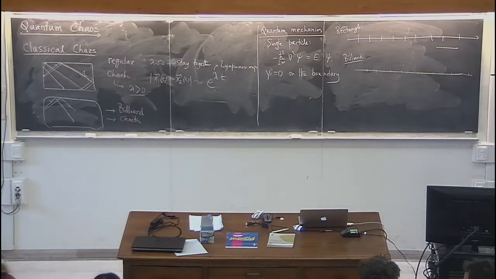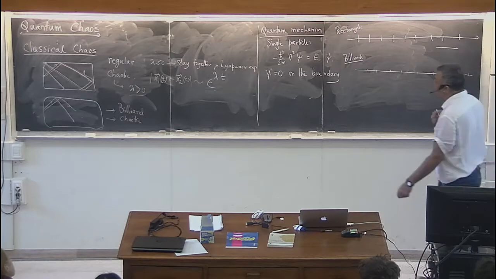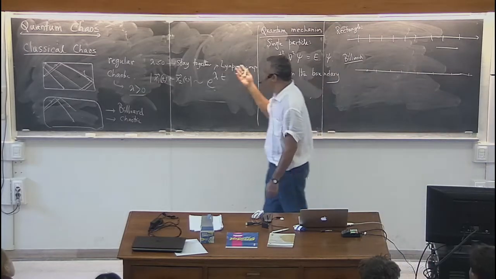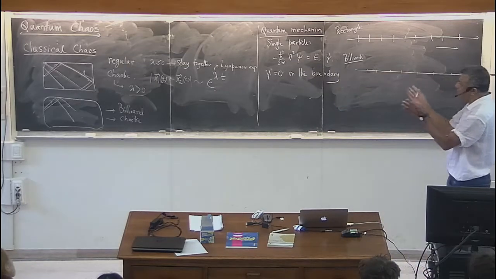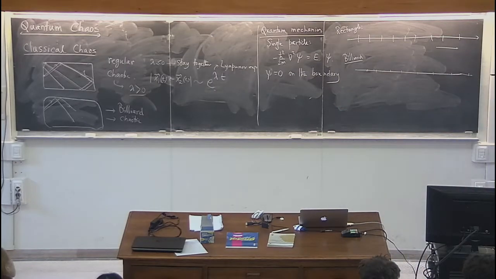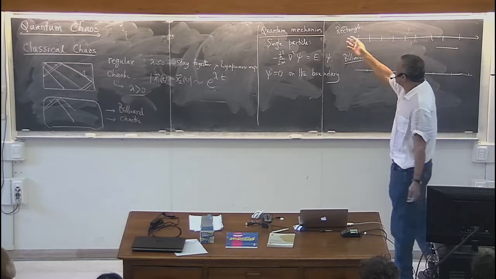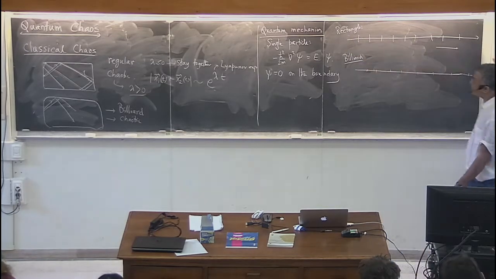So the question was, how do I distinguish quantum mechanically whether a system is regular or chaotic? Classically, this is my definition: I look at the trajectories and whether they diverge or not. Quantum mechanically, there is no notion of trajectory. The only thing that I have at my disposal is the energy spectrum.